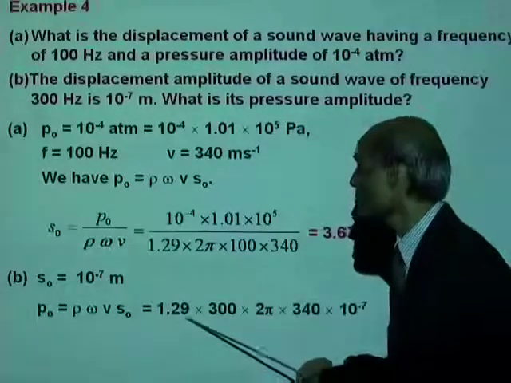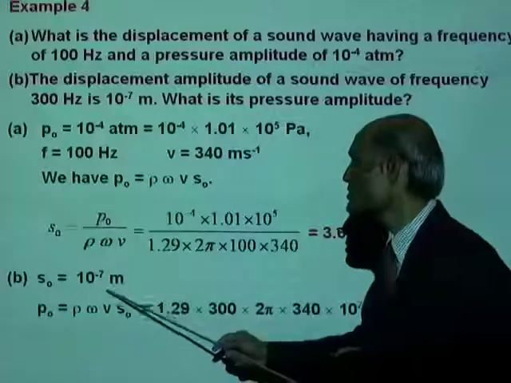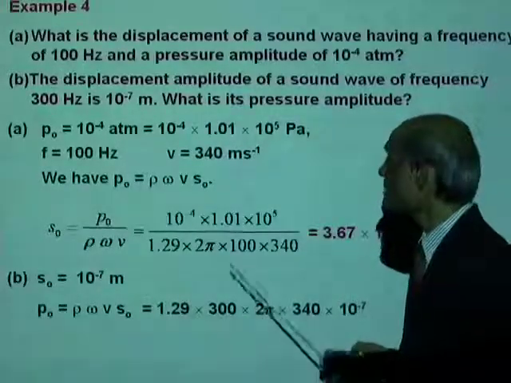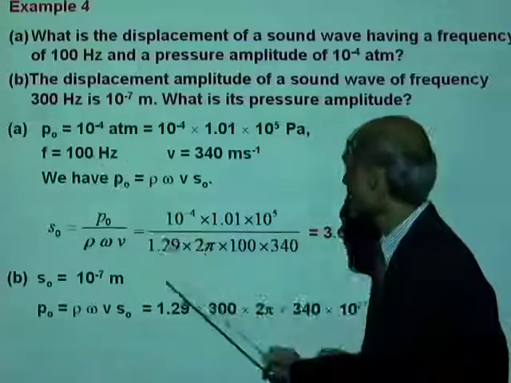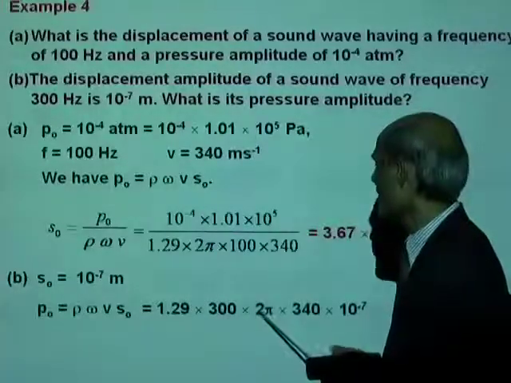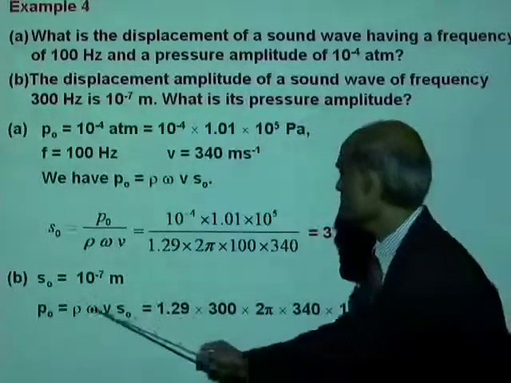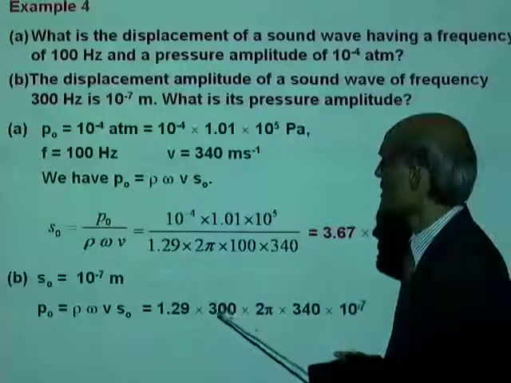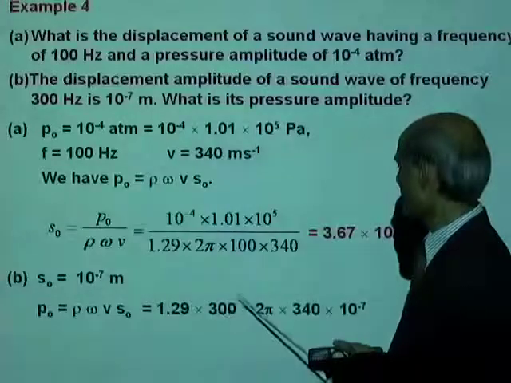Rho is 1.29 kilogram per meter cube. Omega is 2 pi times the frequency. Frequency is 100 hertz. Isn't the frequency 100?